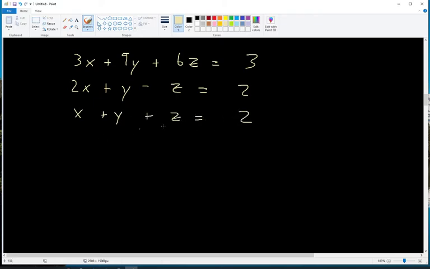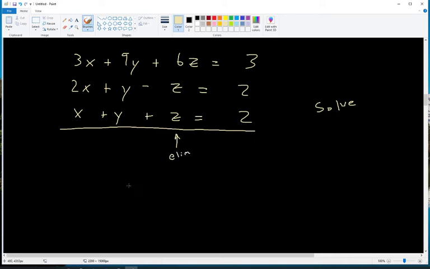And we want to solve the system. There's a process. We're going to use kind of an elimination style process for these. So first we're going to look and see which variable is most set up to eliminate with the least amount of work. And since we have a negative z and a positive z here, we're going to say, all right, these z's are what we're going to eliminate.